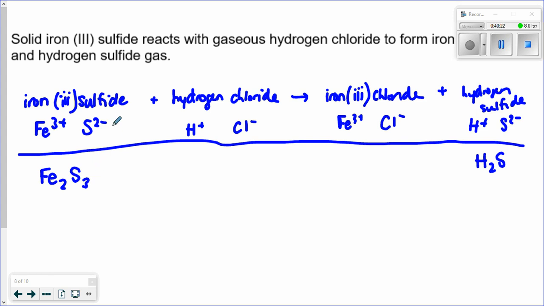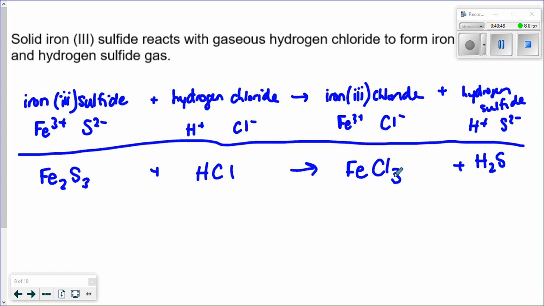Sorry, did I say negative on the other side? I'm losing it. So 6 positive, 6 negative. This will balance with a 1-to-1. Sorry. So we know we have 3 positive, 1 negative, so I need 3 negatives instead. So FeCl3.